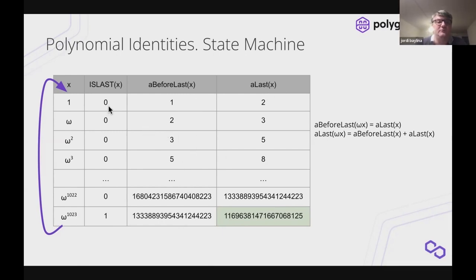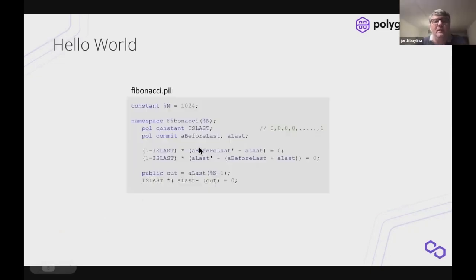Here the trick is that we define another polynomial, in this case isLast of x. This is a constant polynomial. It is not a committed polynomial. It's a polynomial known by the prover and the verifier, and it's 0 in all the roots of unity except the last one, where it's 1. Then we write the PIL this way. So a before last prime, where prime means the next one, is equal to the last one.